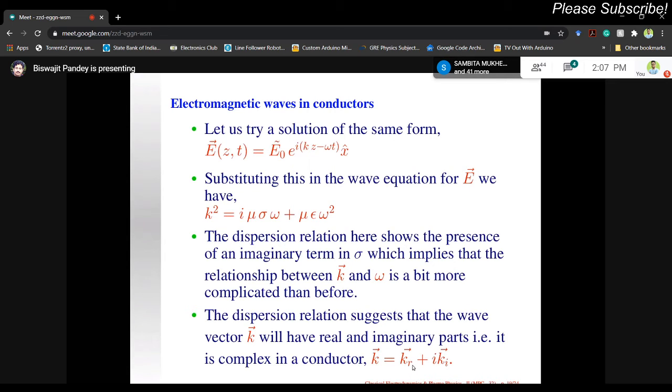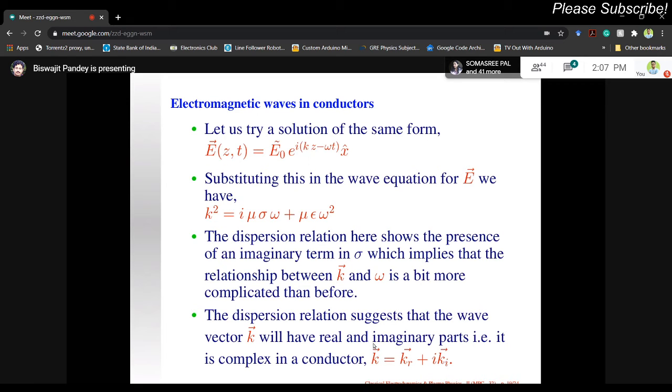Now we would like to separate these parts and try to see what they actually tell us. How do we separate them? You see, simply if I put k equal to kr plus i ki in this equation and then simplify, and then equate the real part from both sides and the imaginary part from both sides, then we will get two equations.